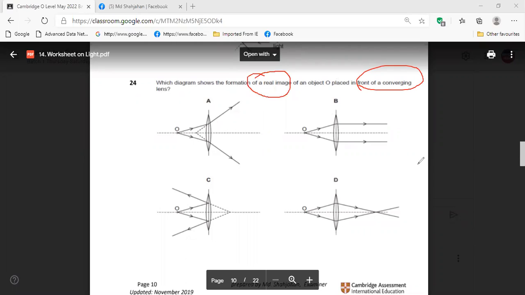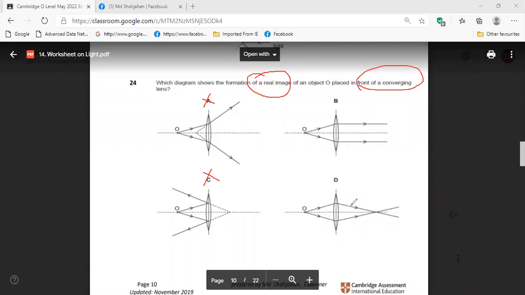In the last class, we said that A and C cannot be the answer, because they are showing wrong things. This one is showing diverging and this one is showing reflection. So you have to choose either B or D.